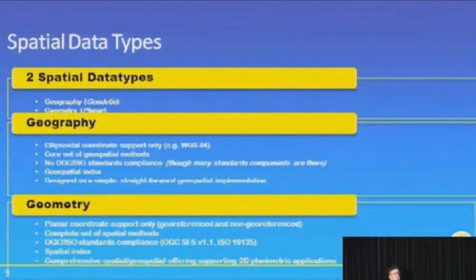Okay, so the geography type is not fully standardized. Why? There is no set of standards that fully addresses the capabilities of the round earth type, surprisingly enough. Even the Open Geospatial Consortium, note GEO there, right, is actually a flat earth society.